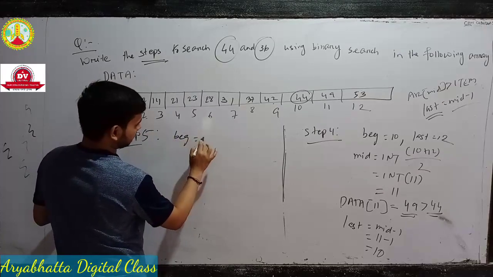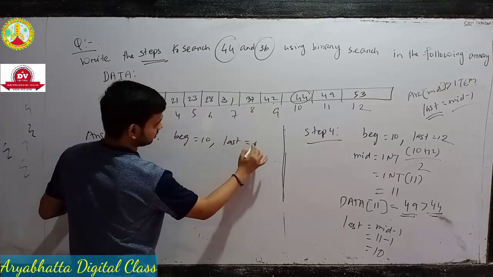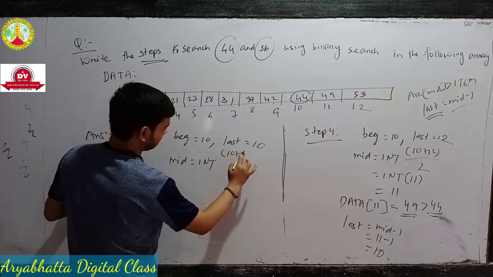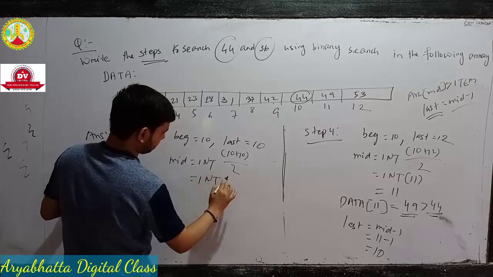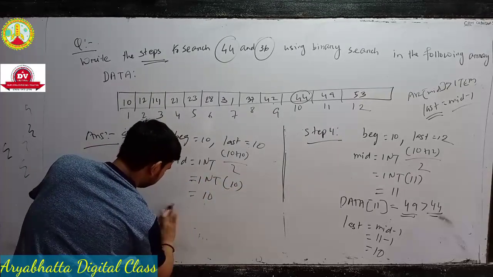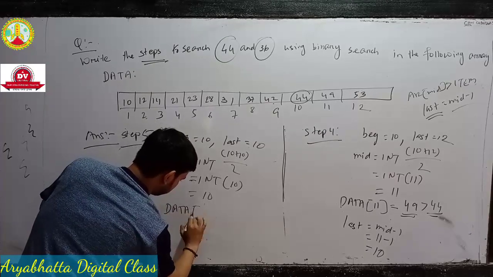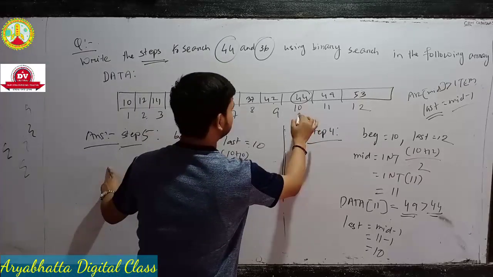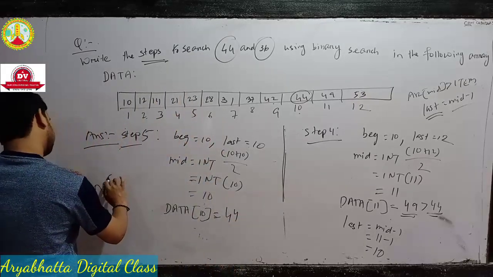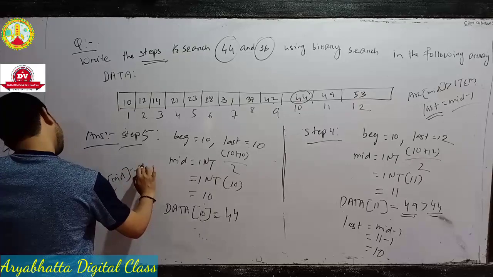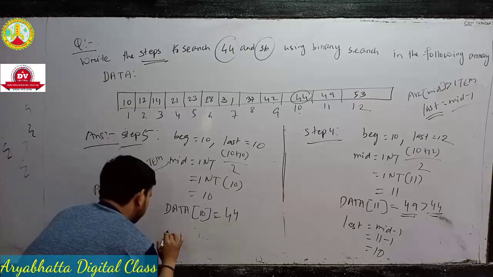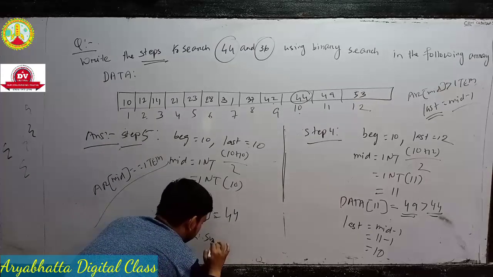Your beginning is 10, last 10. Int of 10 is 10. Data 10 is 44, which means array mid is equal to item, so the search is successful.